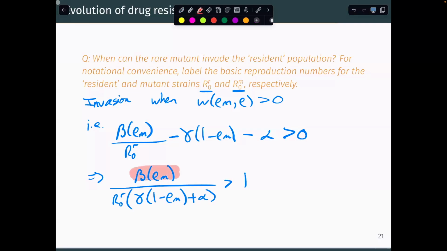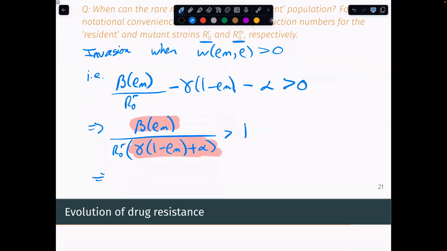But note this here is our R0 for our mutant, if the whole population was susceptible, divided by our R0 for our resident. In other words, we get invasion whenever our R0 for our mutant is greater than our R0 for our resident.